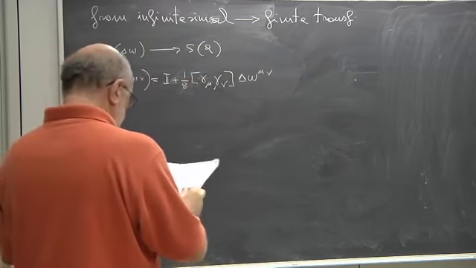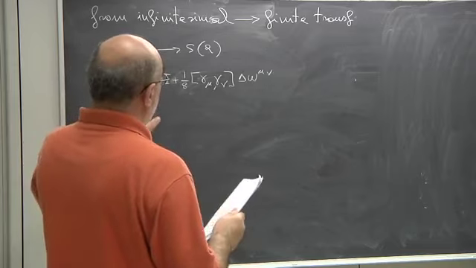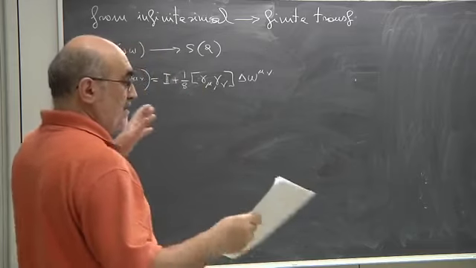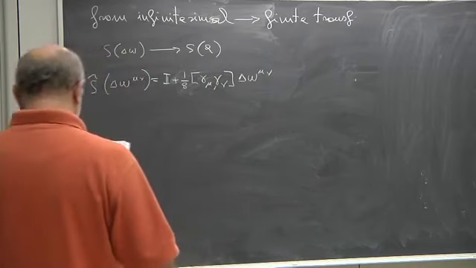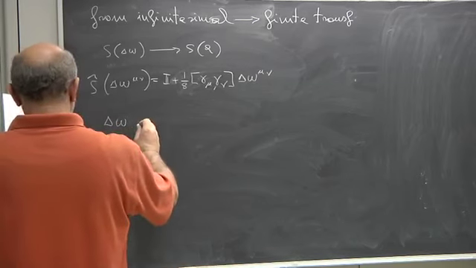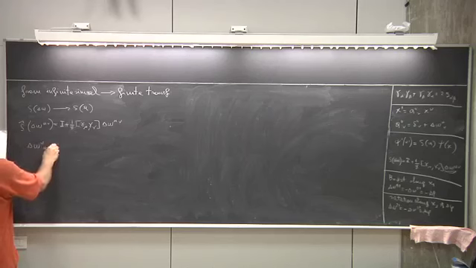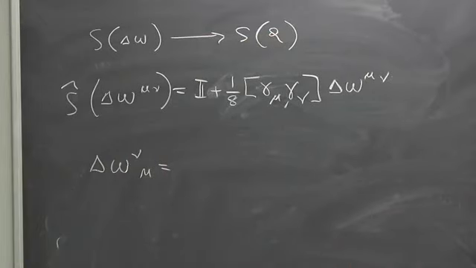Okay. Now, we will do several of these, an infinite set of infinitesimal ones, to get a finite one. But let me make a hypothesis. Let's suppose that our delta omega nu mu depends only on one parameter, like in these two cases.